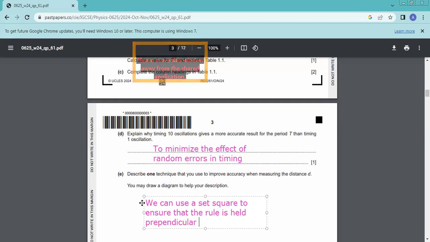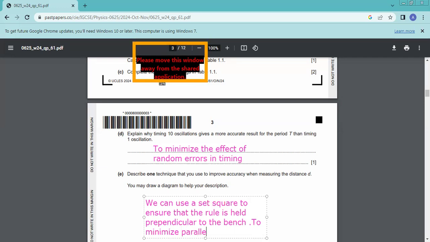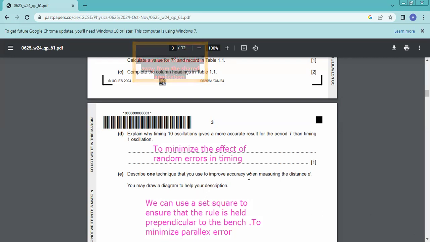The reason behind it is to minimize the parallax error and ensure that the distance is measured accurately. So this is all about this question.